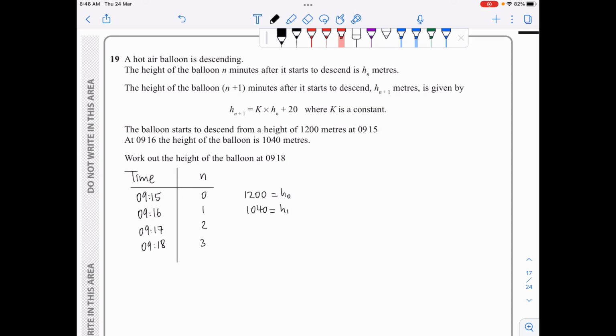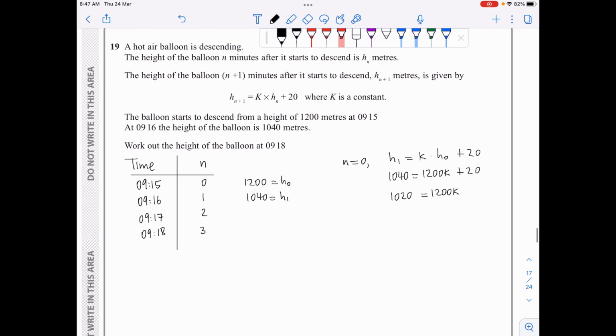So from this recurrence relationship that's been provided by the question itself, if I set n to be 0, I get that h1 is k times h0 plus 20. So 1040 will be 1200k plus 20. So 1020 is 1200k, which means that k turns out to be 1020 over 1200, which is 0.85.